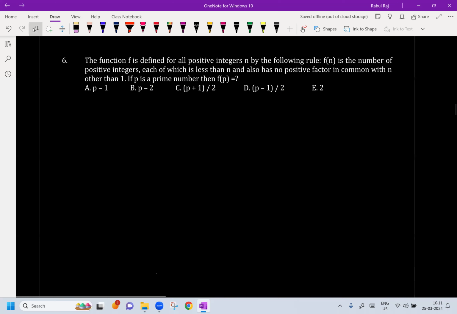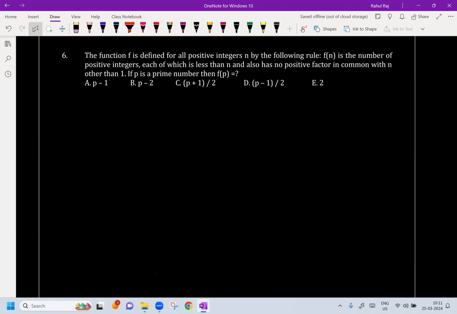Question number 6. Now again, this is all about how you read it. You miss one word and you are going to get it wrong. Function f is defined for all positive integers n by the following rule.